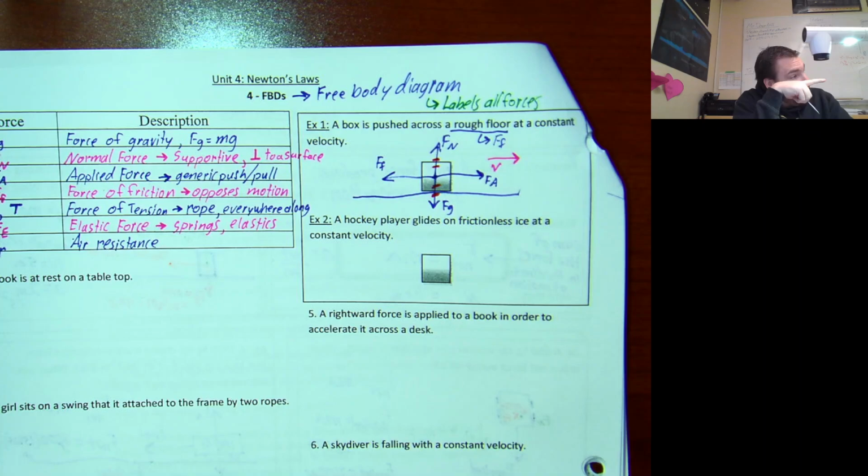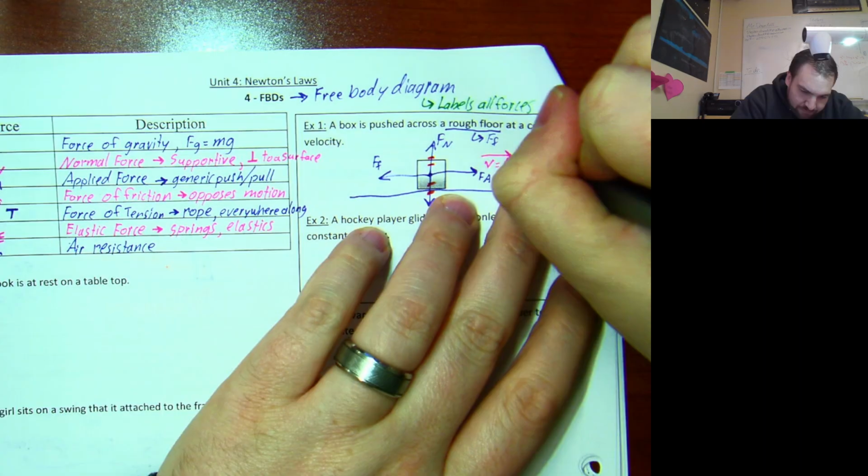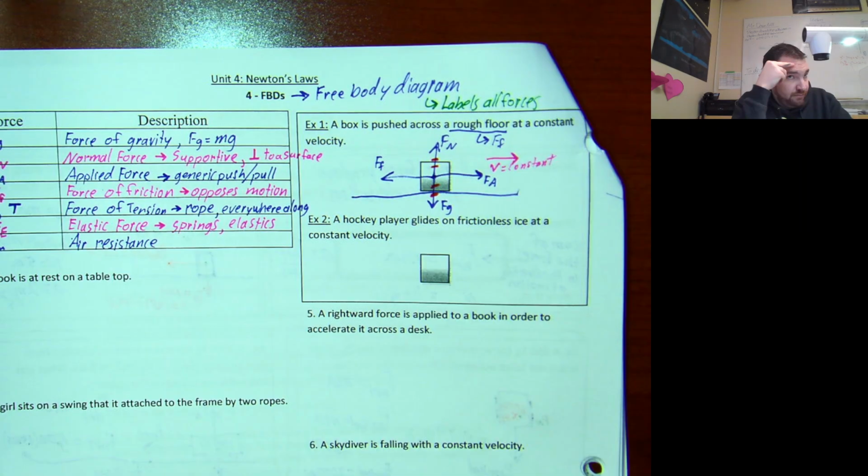Okay, so you said that V is constant. Let's look at what that means. If V is constant, what is the implication there? Okay, it's moving the same velocity. What does that tell us about other things that haven't been addressed in the question?